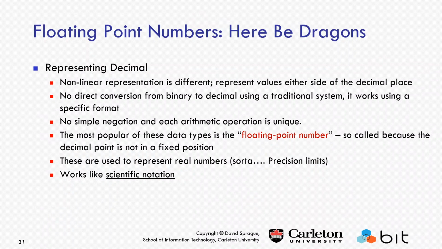So, you could say a kilometer is 1,000 meters, but you can also say 1 meter is 1.0 times 10 to the negative 3 kilometers. The idea of scientific notation is you do not have to show all the zeros and decimal points. You represent it by some exponent, the actual value without the exponent part, and then the sign bit.